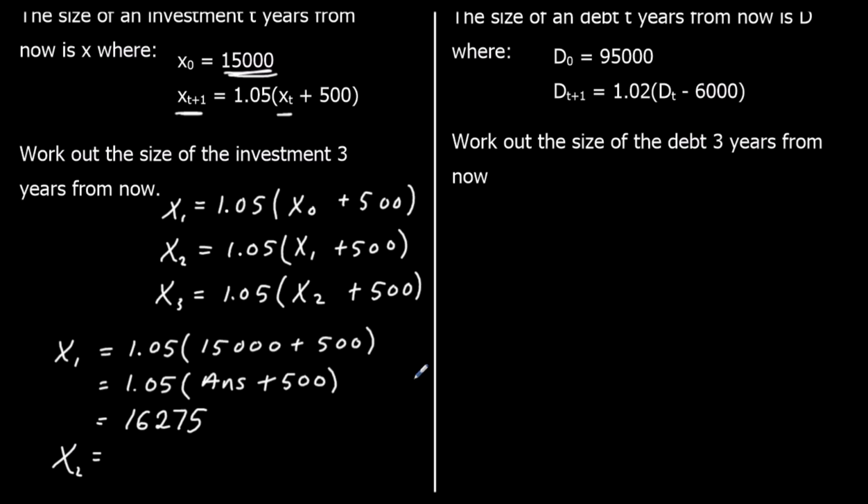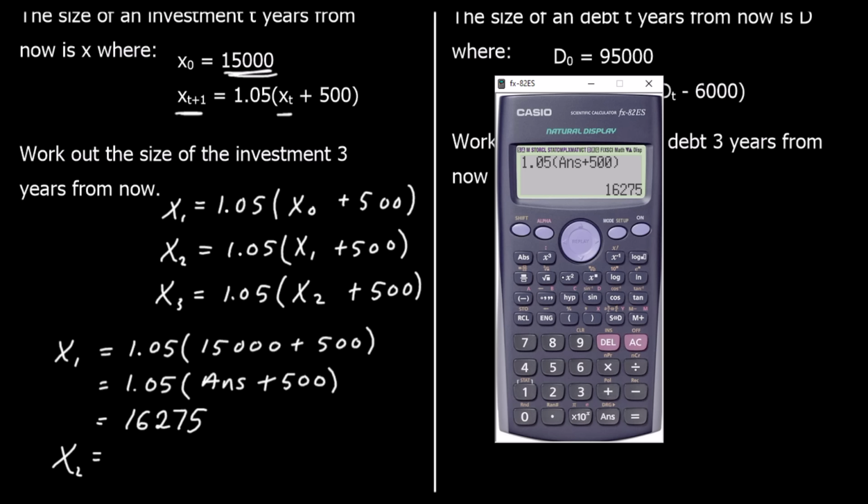And then x2, we're going to do this again. So it's going to be 1.05 times 16,275 plus 500. But that is my answer now. So the calculator, if you press equals again, will automatically substitute it in for you.